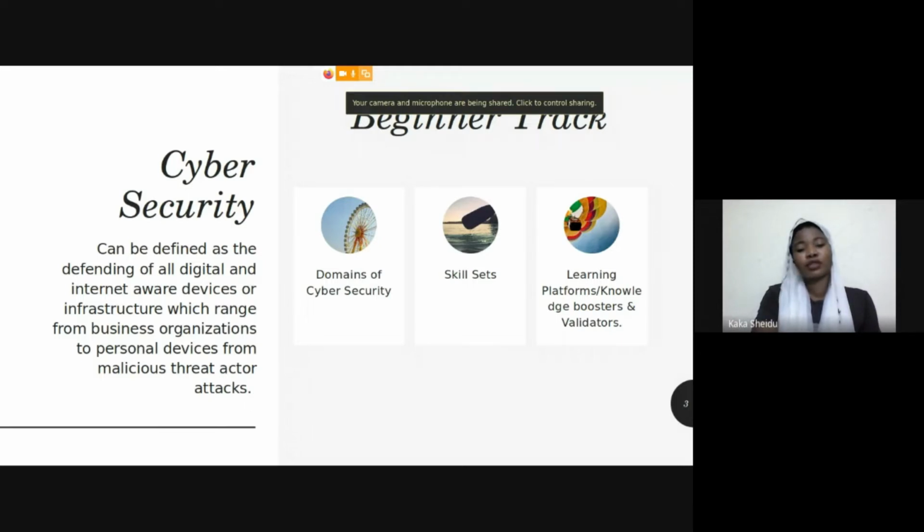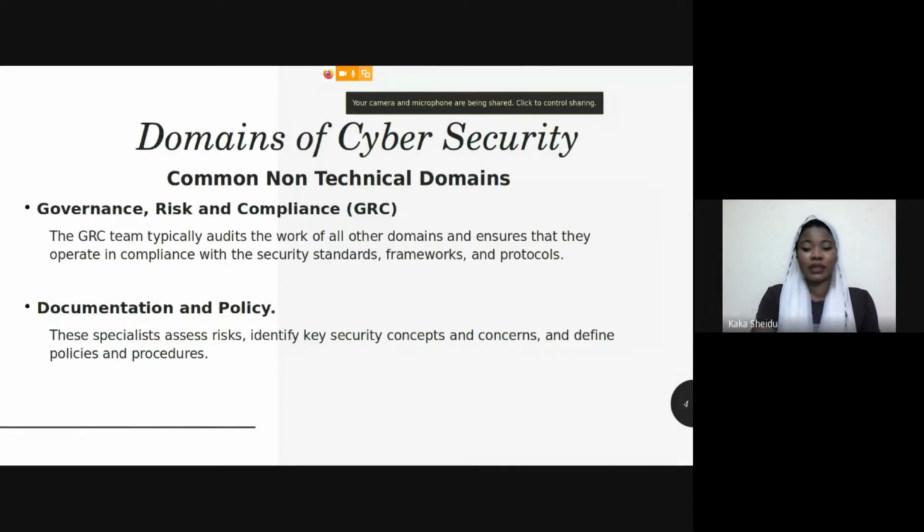Coming to the domains of cybersecurity, some people get it wrong. When you mention cybersecurity to a first timer, they feel like it's all technical, but that's not actually true, because there are so many domains and aspects of cybersecurity, including compliance, where you don't need that many practical skills.